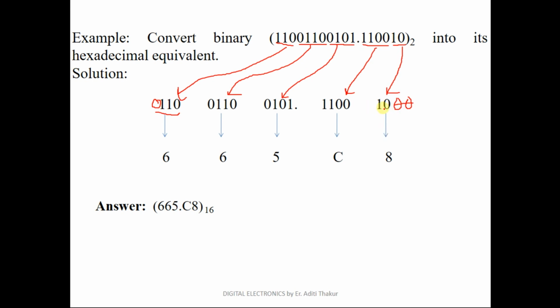You might mistakenly read 10 as 2, but it is not 2. It is mandatory to make groups of 4, so you must add 0 so that your answer is correct. So here is your answer, 665.C8.